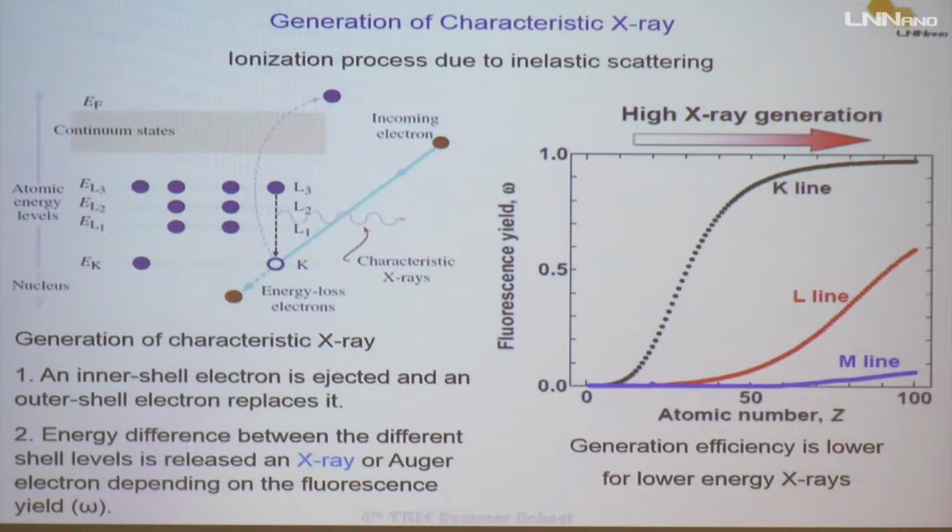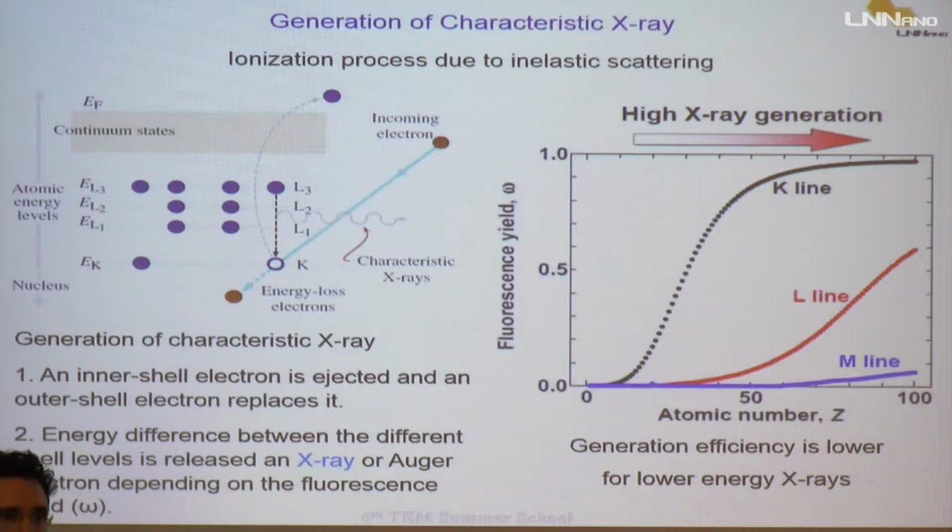Okay? It's clear how we generate the X-ray photons. We just hit an electron of an inner shell.